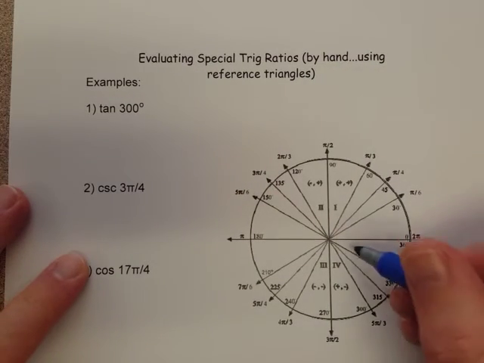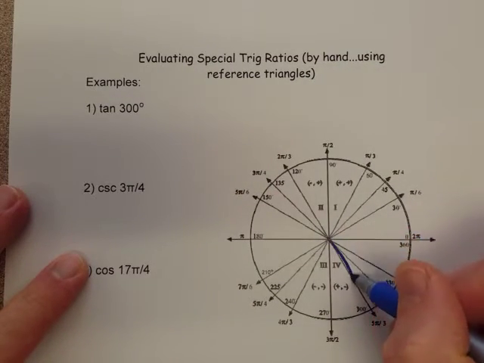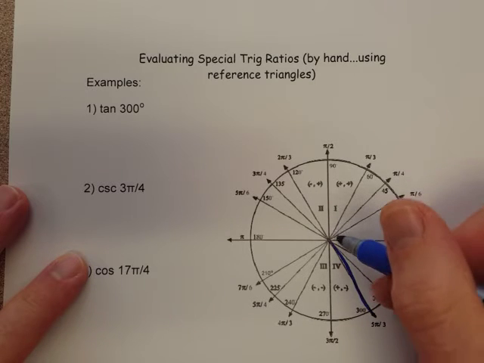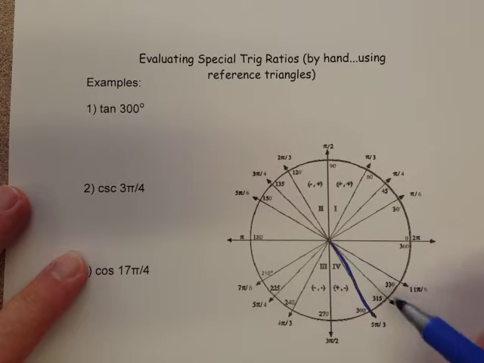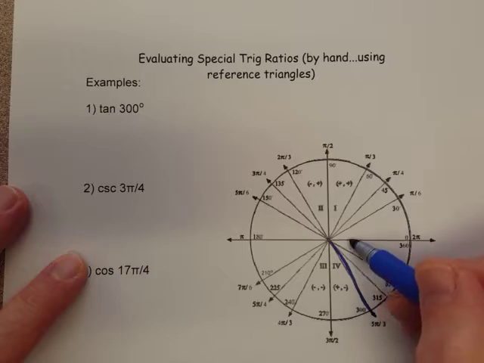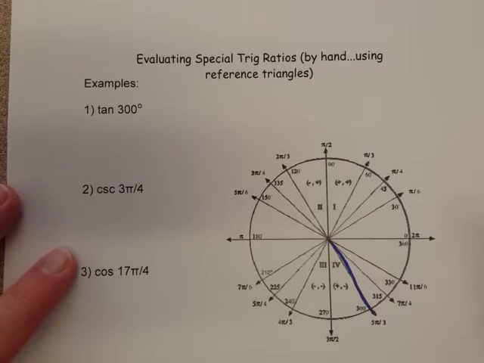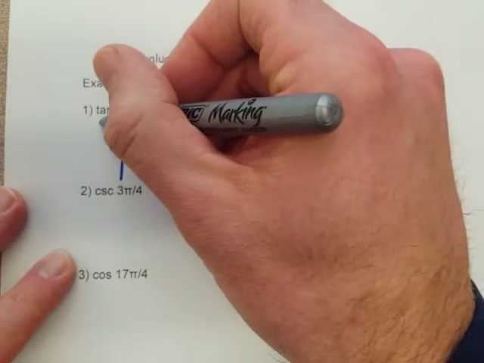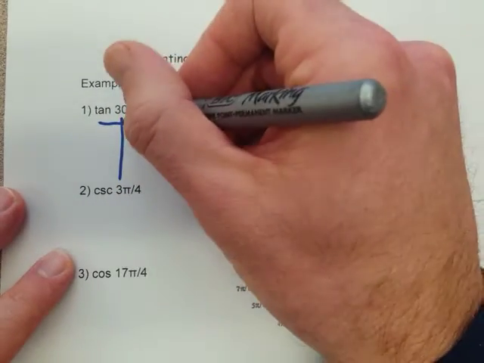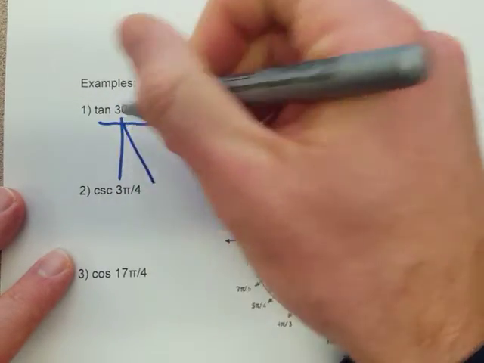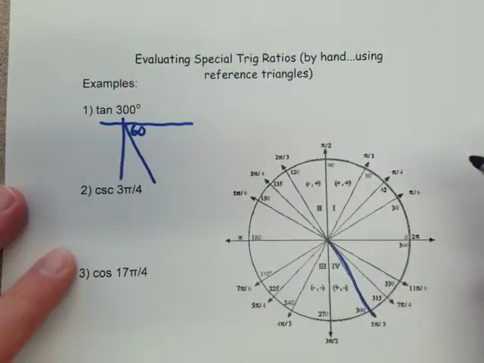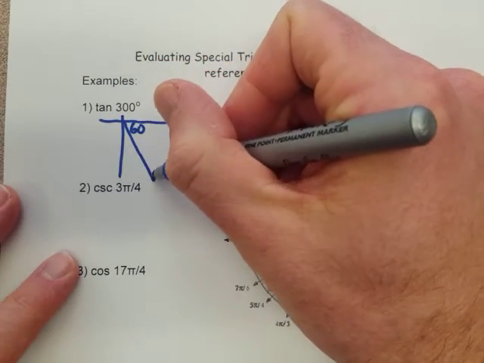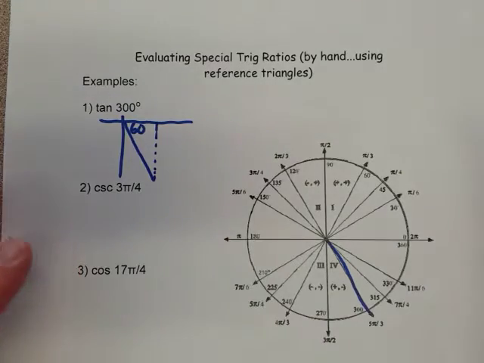As you can see from the circle, 300 is right here. Now if we were to draw its own picture, its reference angle, or the angle that it is away from the horizontal axis, is 60. So I'm going to draw a version of that over here as best I can, making this 60 in here. That's my reference angle. And then I'm just going to complete my triangle up to here.